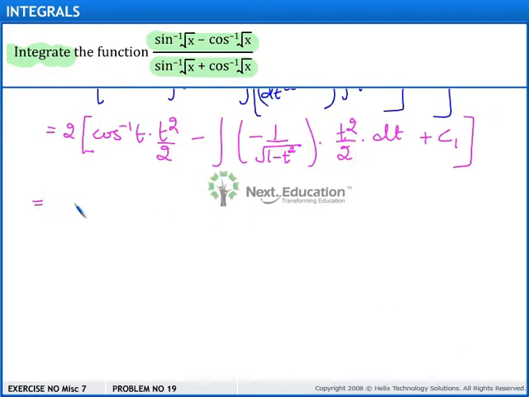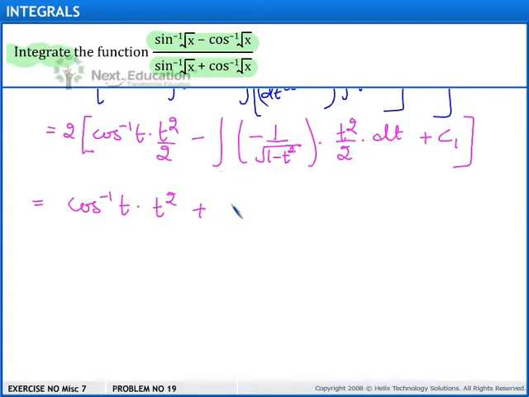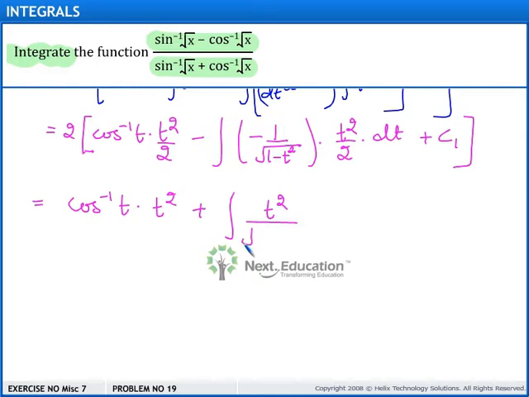So this is equal to cos inverse t into t square. Now minus into minus is plus, and 2 into taking 1 upon 2 outside, we get 1. So we have integral of t square upon square root of 1 minus t square into dt plus 2 times of c1.